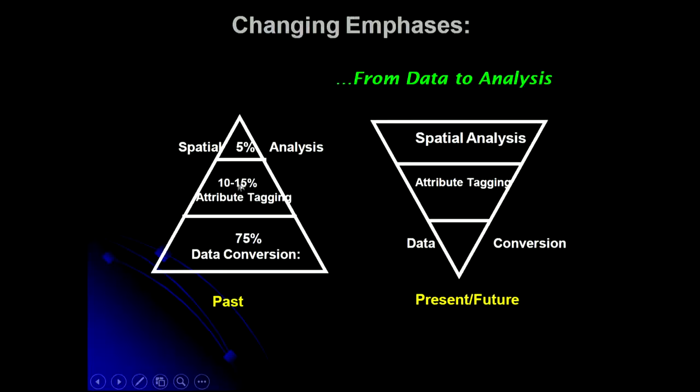If you see the changing emphasis from earlier in the past, most of the effort used to go on data conversion. Then 10% was attribute tagging, and then 5% spatial analysis. Now, from data to analysis, the present to the future, currently a large amount of data is directly available over the internet, and I need to focus more on analysis of the data.